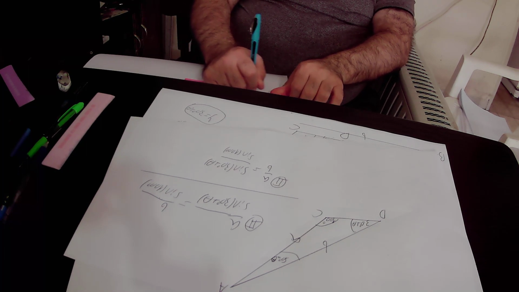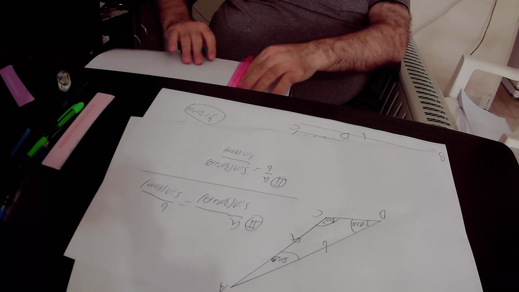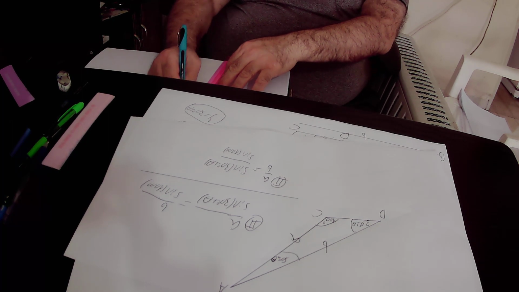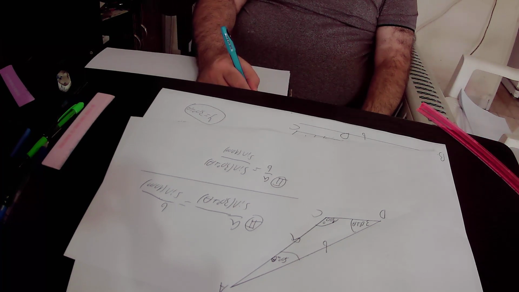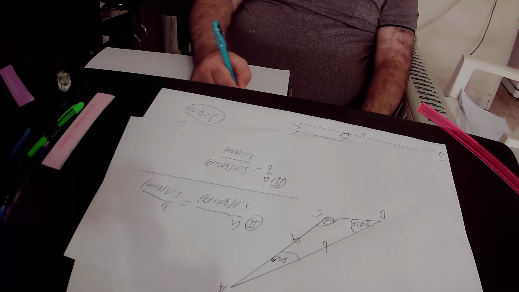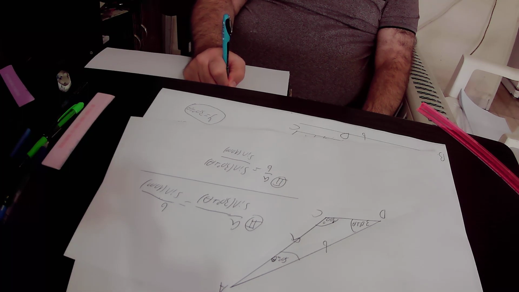And according to equation number 2, A over B equals sine 30 degrees plus theta over sine 100 degrees.